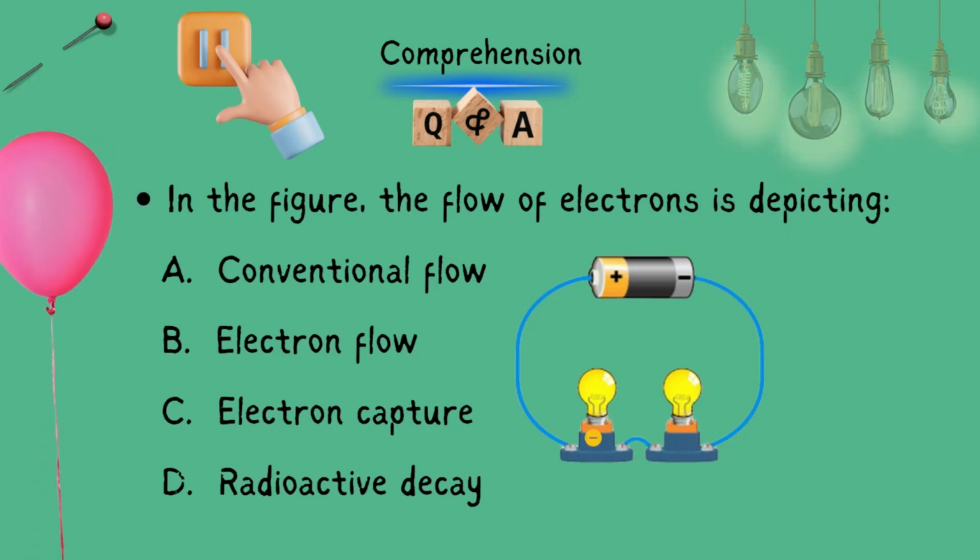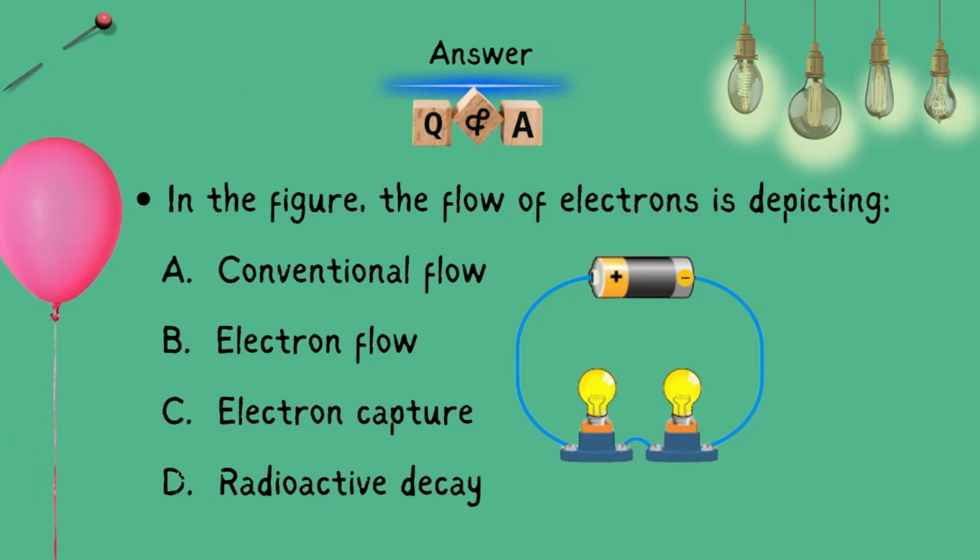In the figure, the flow of electrons is depicting A. Conventional flow, B. Electron flow, C. Electron capture, or D. Radioactive decay. You may pause the video to answer this question. Correct. It's B. Electron flow, because the electrons are leaving the negative end of the terminal and entering the positive end.